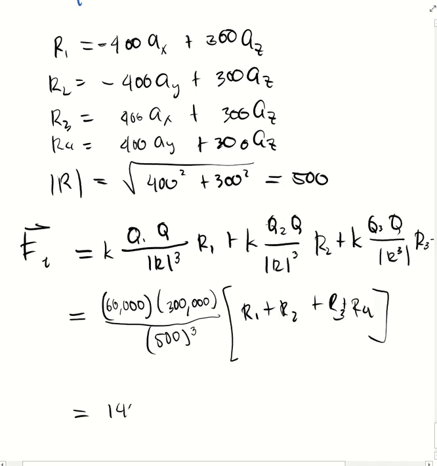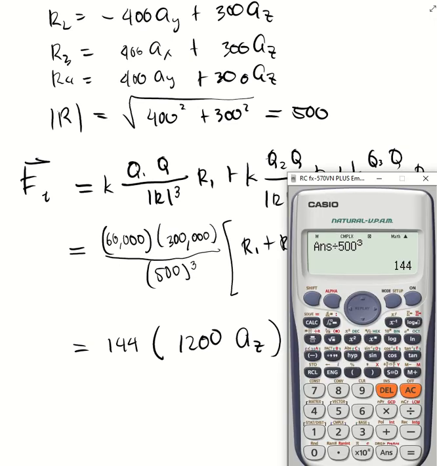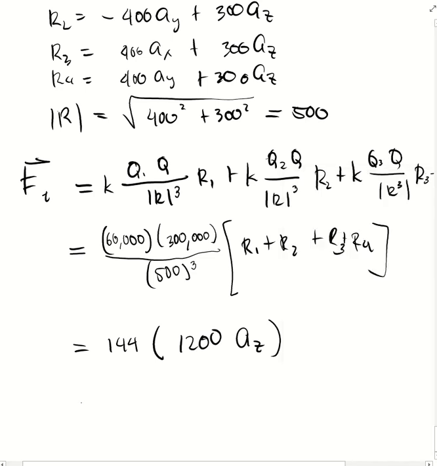There should be 144 times the AZ, times 1,200 AZ. Then you multiply 144 with 1,200, and this is equal to 172,800. So the total net force, in the AZ direction, is in dynes.